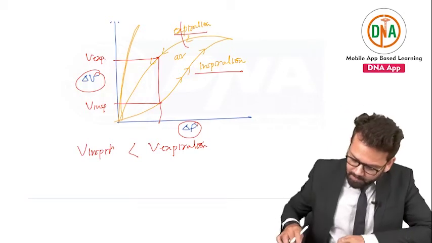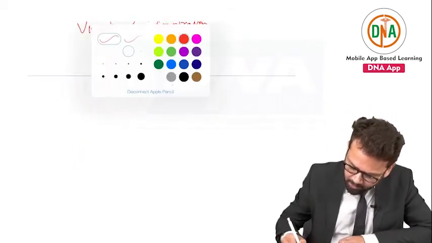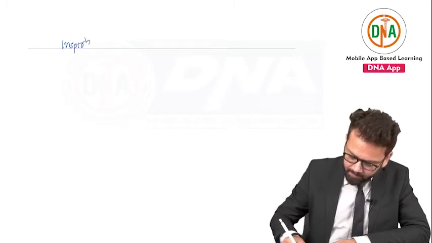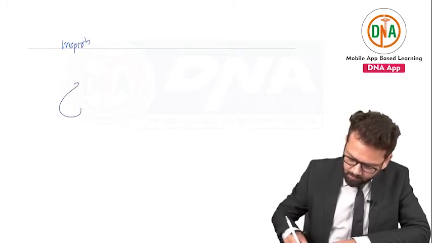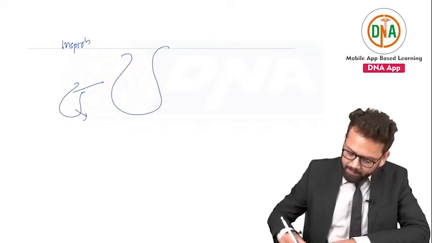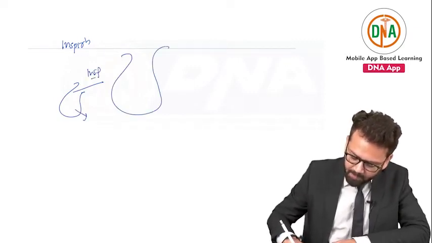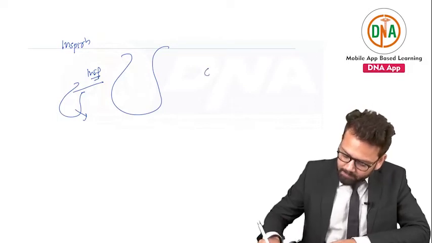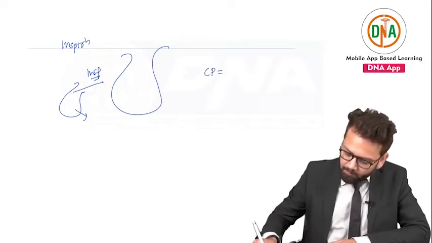Now see, let me explain this phenomenon. This is a very important thing. Suppose during inspiration, the alveoli are smaller and they will become bigger. Smaller alveoli will have more collapsing pressure.